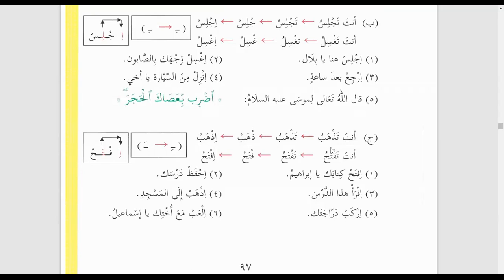The second most commonly used is daraba yadribu, then fataha yaftahu, and then sami'a yasma'u. So anta tadhabu, and the same pattern has been followed here. We make it sakin, and then we drop alamatul madari. And then the second root letter has fatha. If the second root letter has fatha or kasra, we will always add kasra. So it is idhab. Idhab.